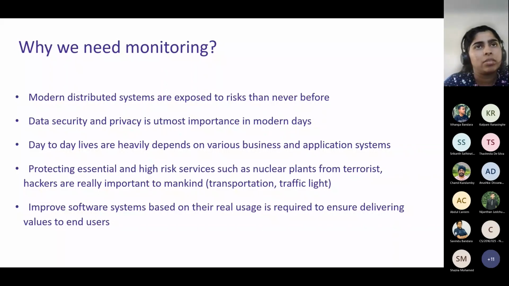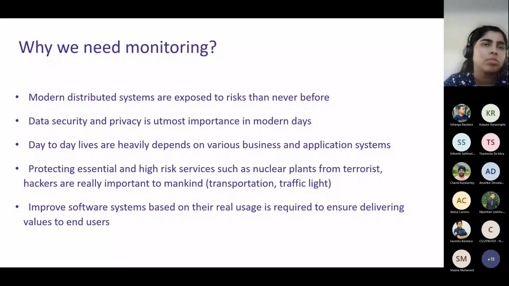For example, if there is a terrorist attack on a nuclear plant or some military center, it can affect society badly. So these types of systems need high protection.